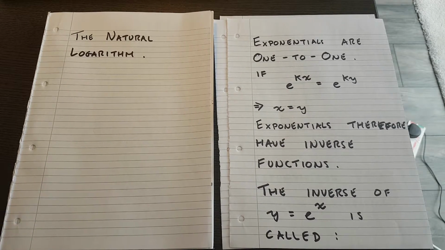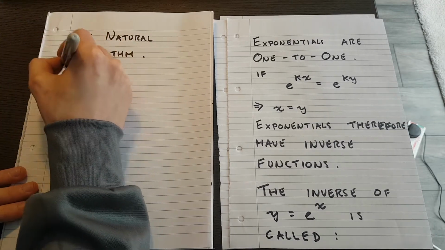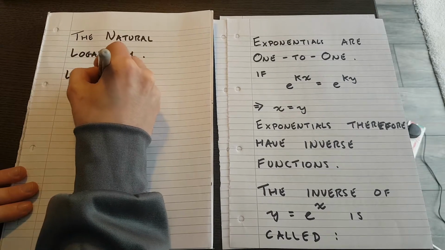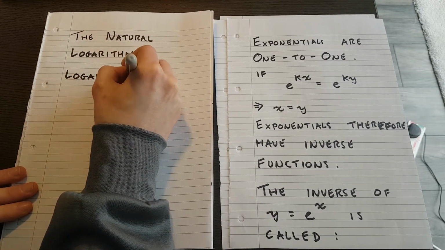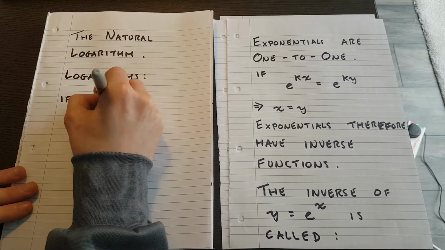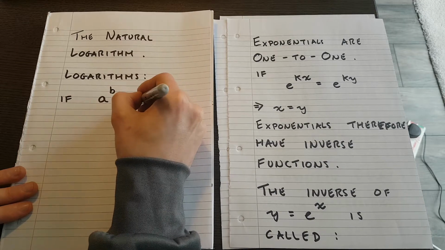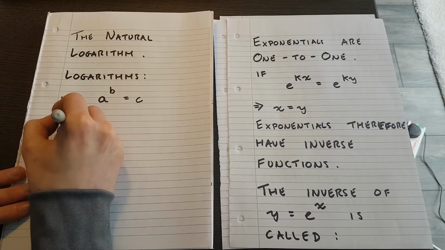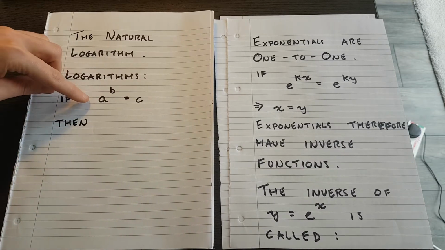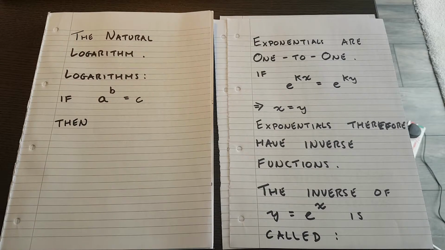So let me give you the idea of how a logarithm works. Really quick, really simple. If a to the b is equal to c, then this says take a, raise it to the power b, and then the answer is c.